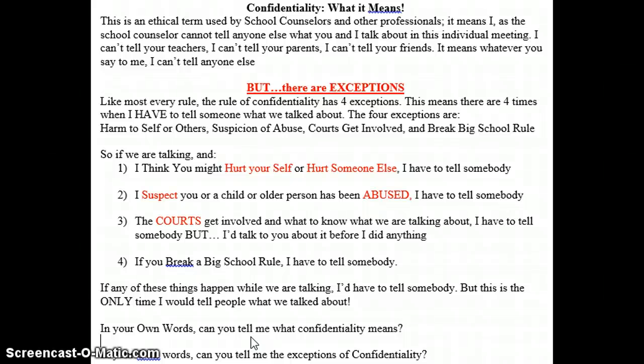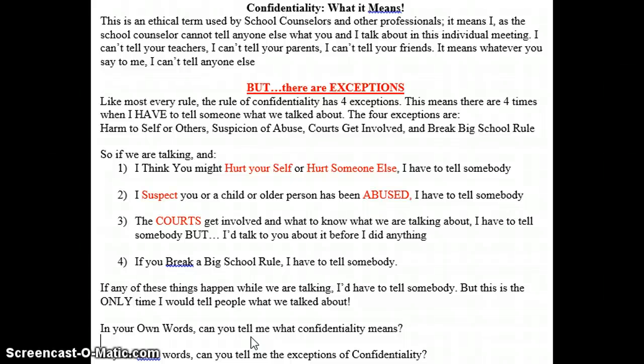You need to tell them that there are 4 exceptions. You need to state each exception, and you need to give examples of each exception. So you need to give an example of what it means if you think that the student might hurt themselves or somebody else. So give an example of what the student might say that would lead you to think that, okay?